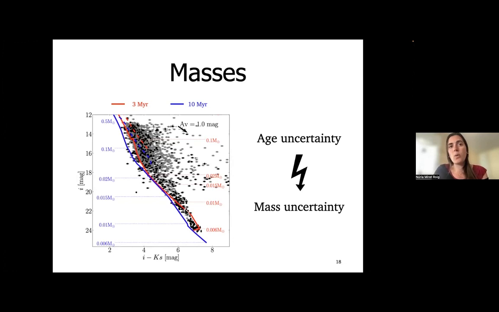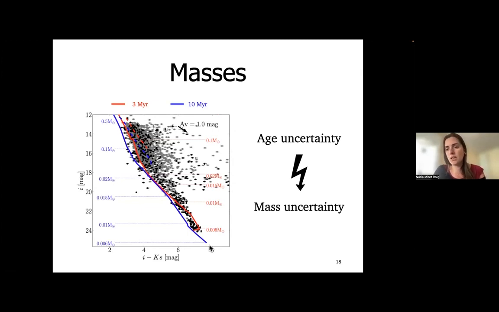But then, to try to be conservative, we computed the mass function assuming first a very optimistic case in which all the sources have 3 million years of age, and then another, more pessimistic case in which all the sources are 10 million years old.